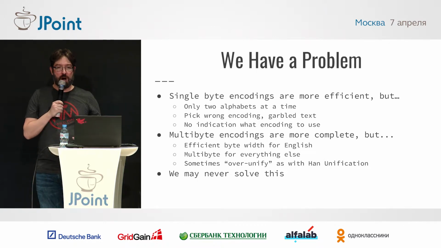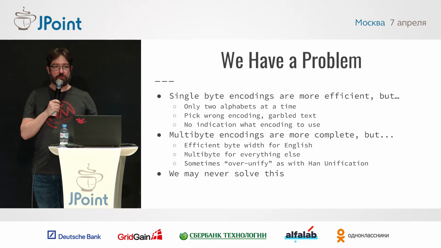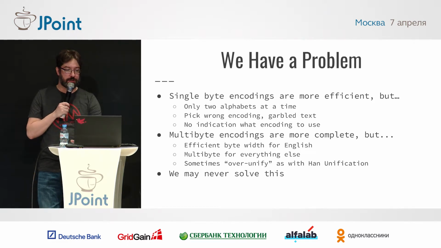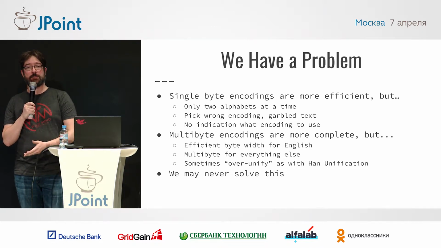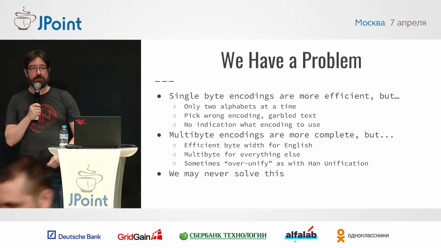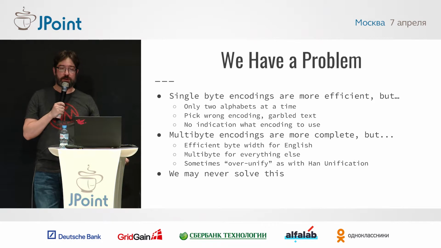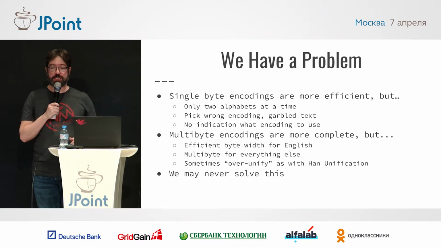This is a big reason why the Asian countries that use kanji don't actually adopt Unicode and still use their own historical encodings. And so we may never solve this. Everybody wants to use their own encoding. Everybody wants to have an efficient byte representation. So we live in a world that's going to be multi-encoding, and I don't see that going away anytime soon.